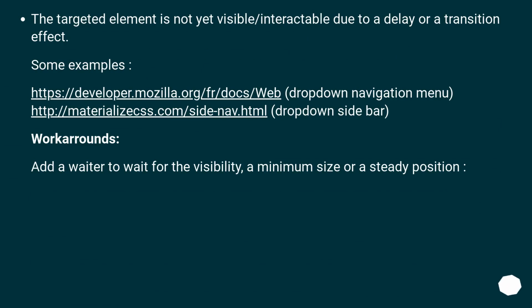The targeted element is not yet visible or interactable due to a delay or a transition effect. Some examples: a drop-down navigation menu, a drop-down sidebar. Workarounds: add a waiter to wait for the visibility, a minimum size or a steady position.